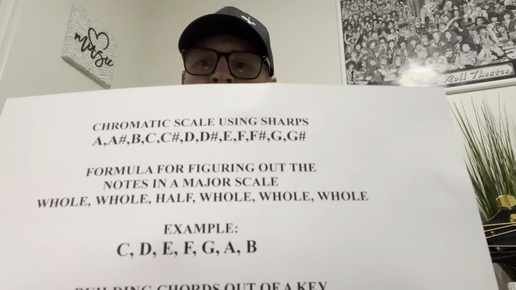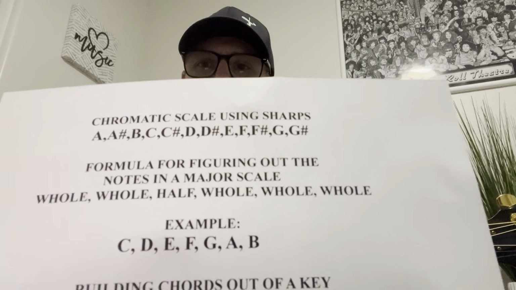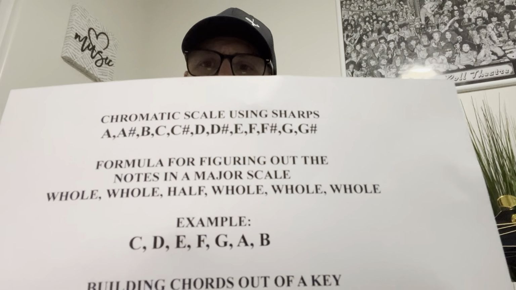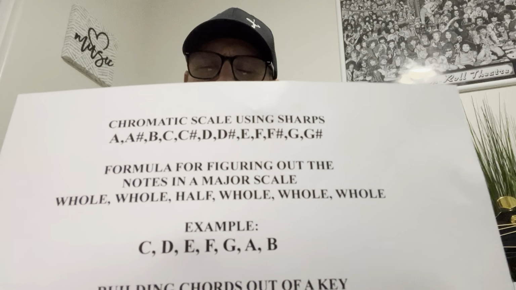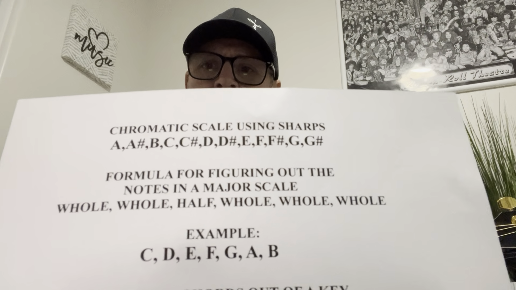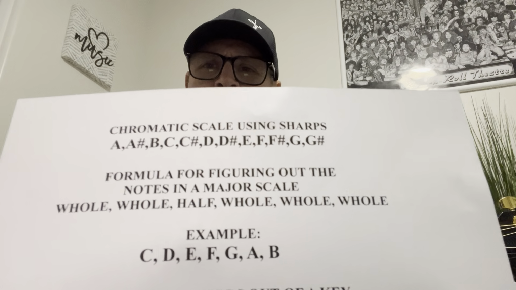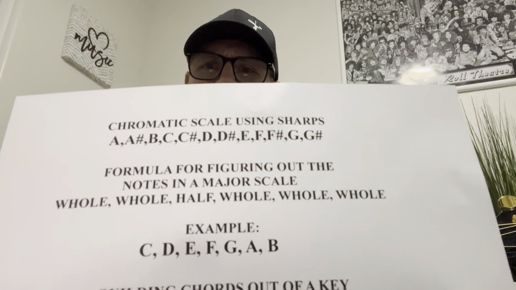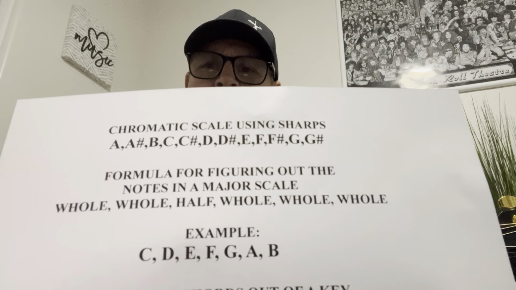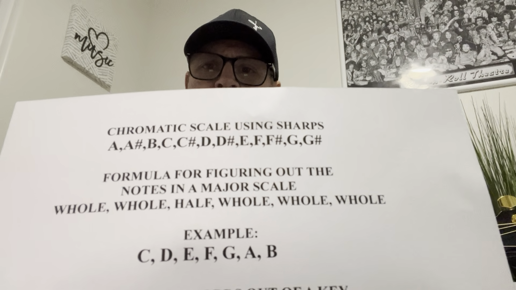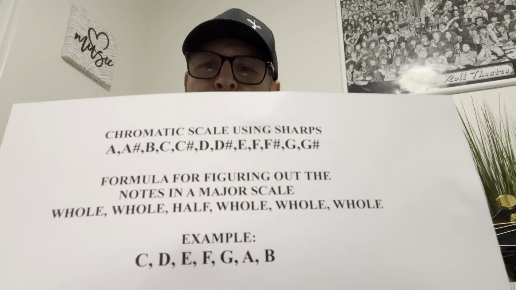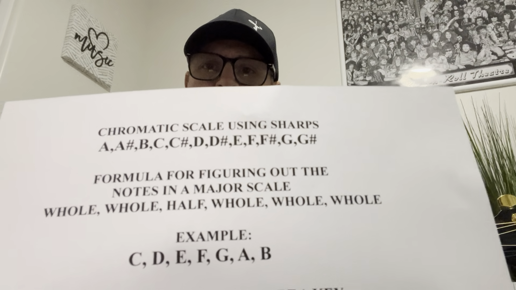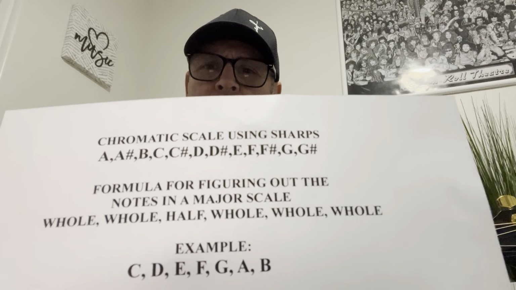So in this example, the notes in the key of C obviously are C, D, E, F, G, A, and B. And the way that we got those notes is we took the C note on the chromatic scale and we went a whole step away, which would be C sharp to D. That's a whole step. That's how we got the first note. Then we go another whole step and we go D to E. Then we go a half step from E, which would be 1 letter space, which would be E to F. And then we would go a whole step from F, which would be F sharp G. That's a whole step away.